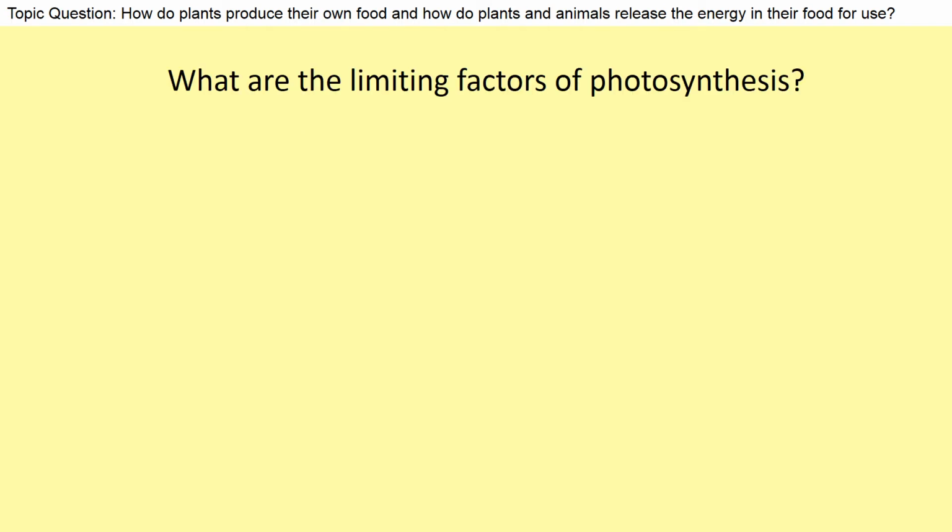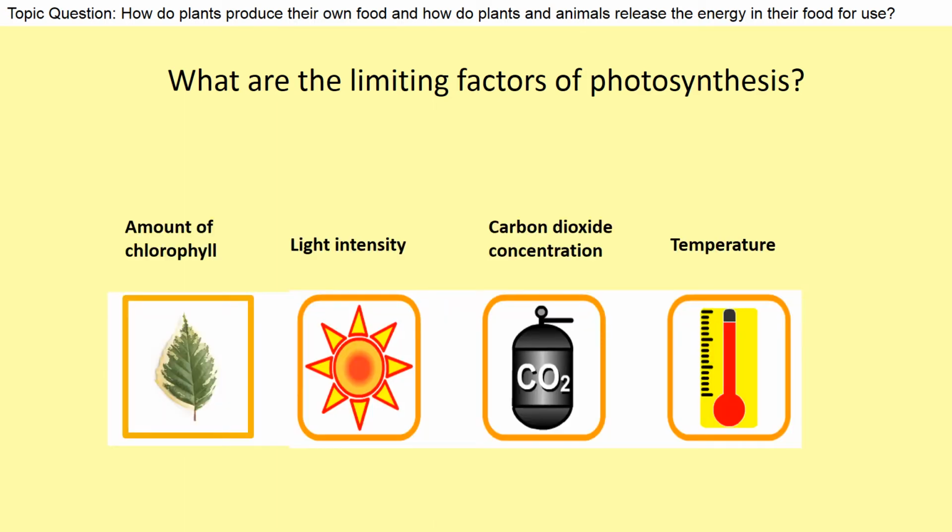What else do we need to know about photosynthesis then? We need to know what is going to help photosynthesis happen quickly and what is going to slow it down. So there are 4 limiting factors that we need to be aware of. They are the amount of chlorophyll that the plant has. So unless light energy can be absorbed by the chlorophyll, photosynthesis can't take place.